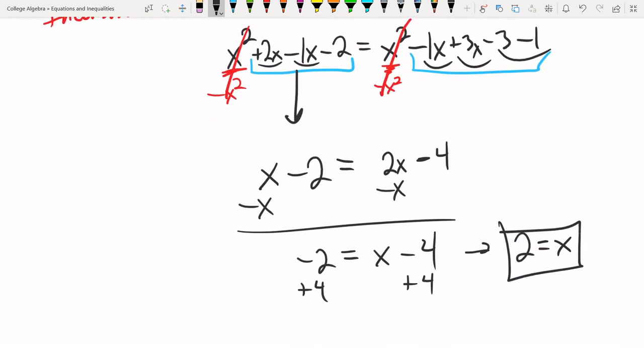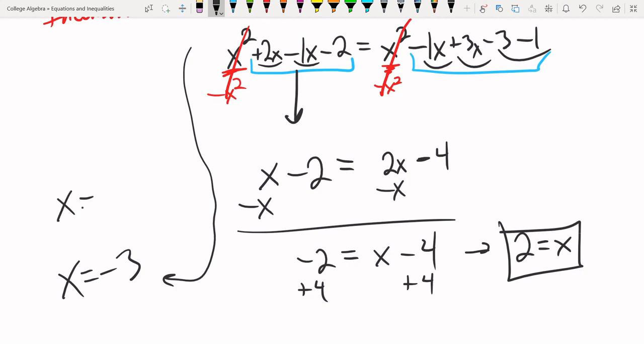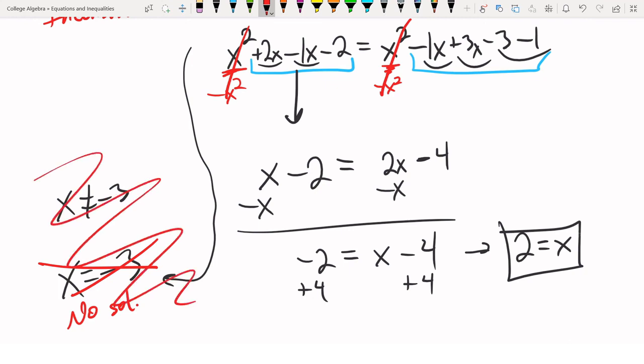If, for instance, we got x equal to negative 3 after all of this work, and we knew that x could not equal negative 3, we must exclude that answer. And since we only would have one answer, we would say no solution. That, of course, isn't the case here. x equal to 2 is a solution. It's not excluded, and that gives us a conditional answer to this system.